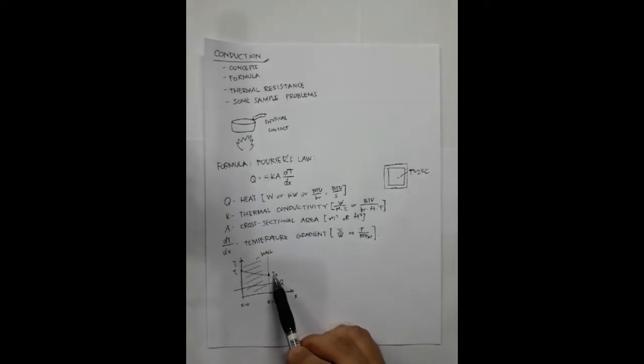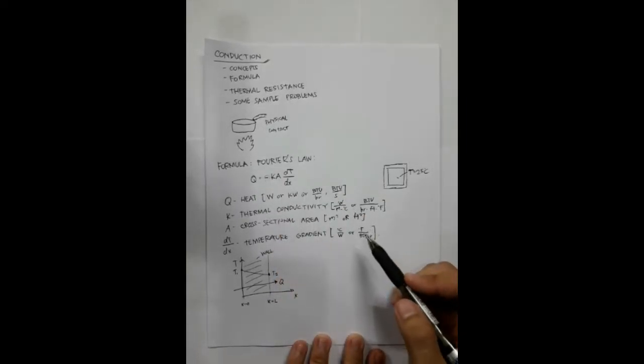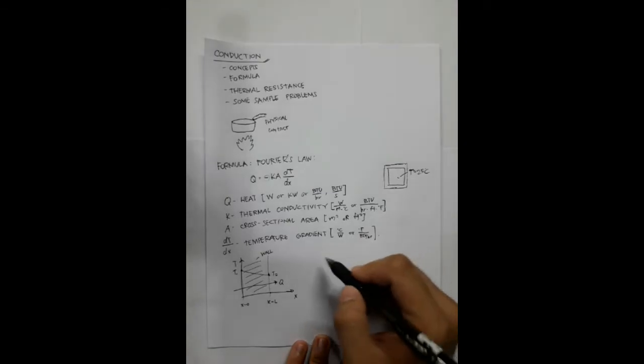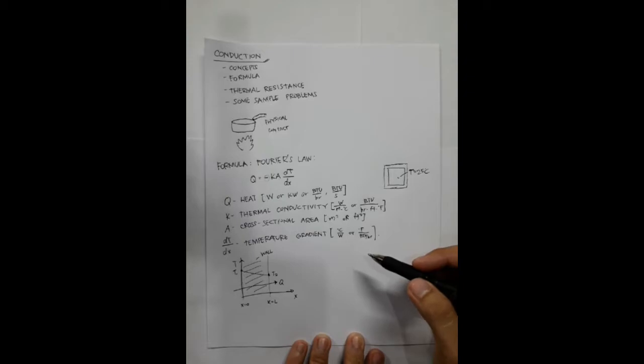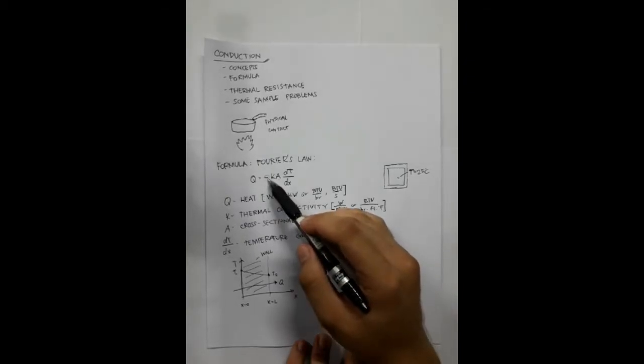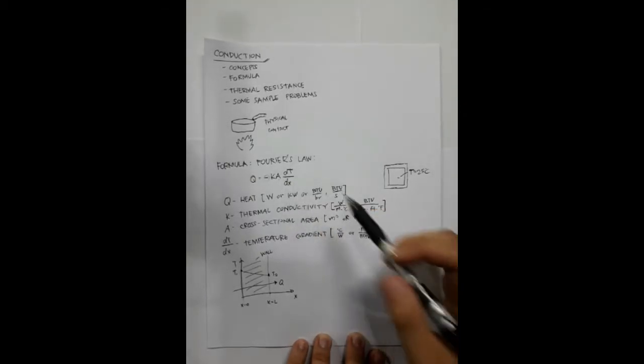And the temperature gradient becomes negative when the temperature decreases as the x increases. So, nilagyan lang ng negative dyan para laging yung Q natin, yung magnitude niya, is positive. That's why meron negative po dito sa formula natin for heat conduction.